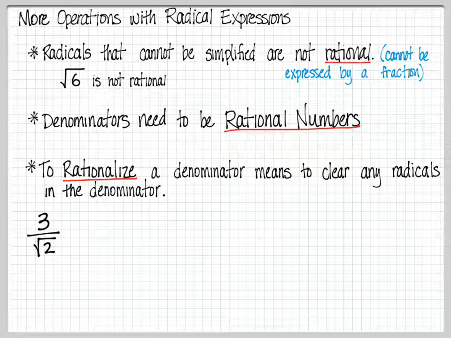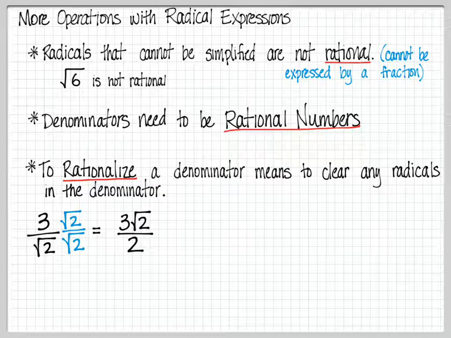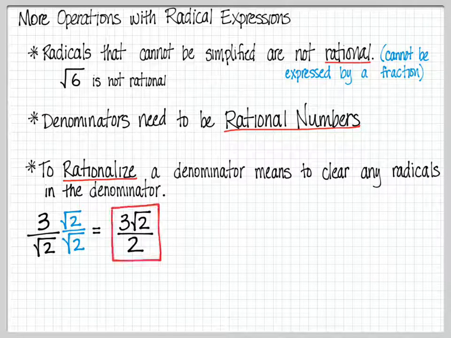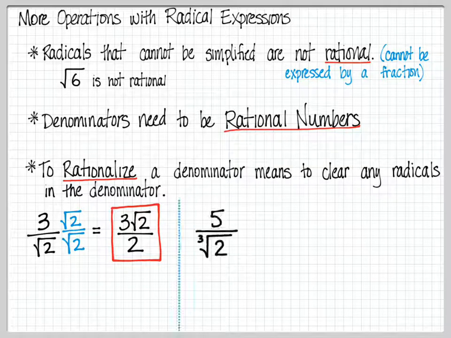I have a square root in the denominator, and that's not rational, so I need to find a way to clear that square root. Well, if I multiply this by a fancy number 1, if I multiply it by the square root of 2 over the square root of 2, I see that I get 3 root 2 over 2. And now my denominator is a rational number. It's the number 2. So that's good.